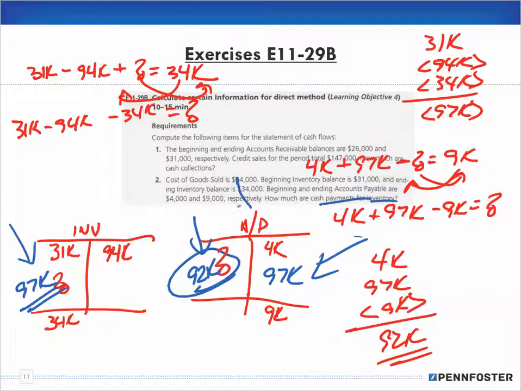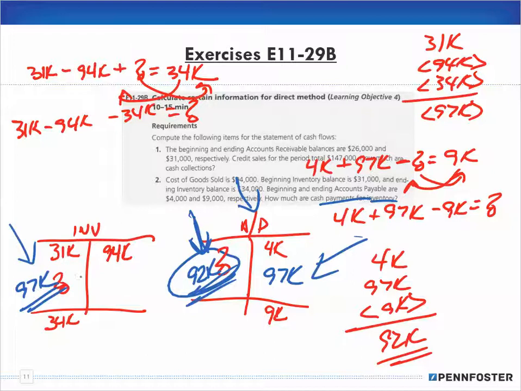When we look at our accounts payable, we're buying stuff on credit, but when we pay it, that is a debit to the accounts payable, and that's what we're looking for, that 92,000. So that's telling us we spent 92,000 for the inventory items.